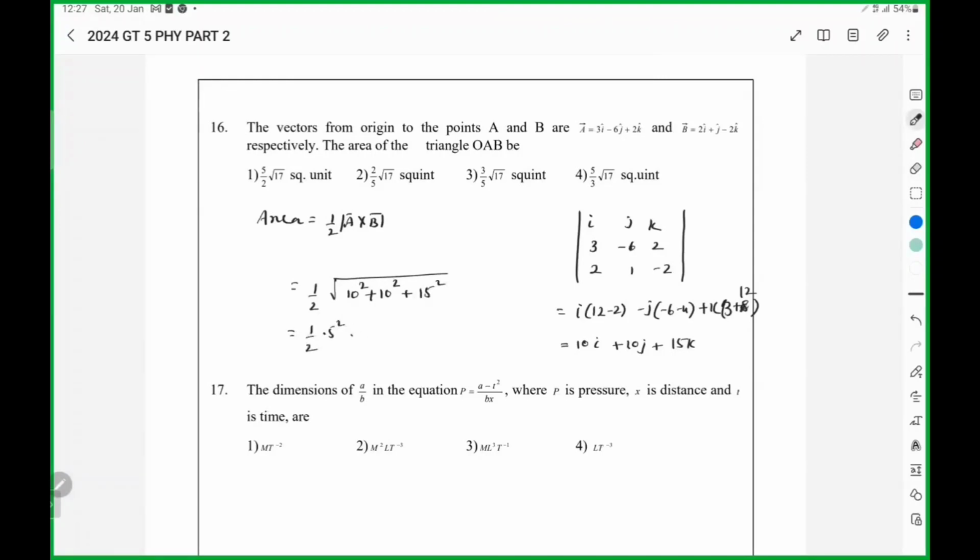Pi square, if you take common, 3 square, which is 15 square units.